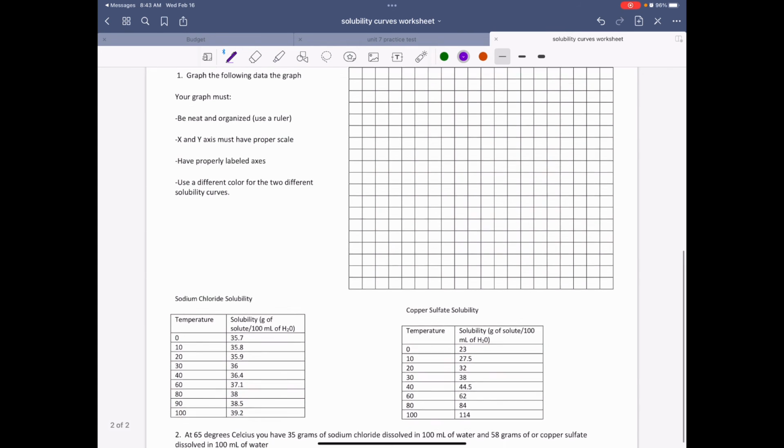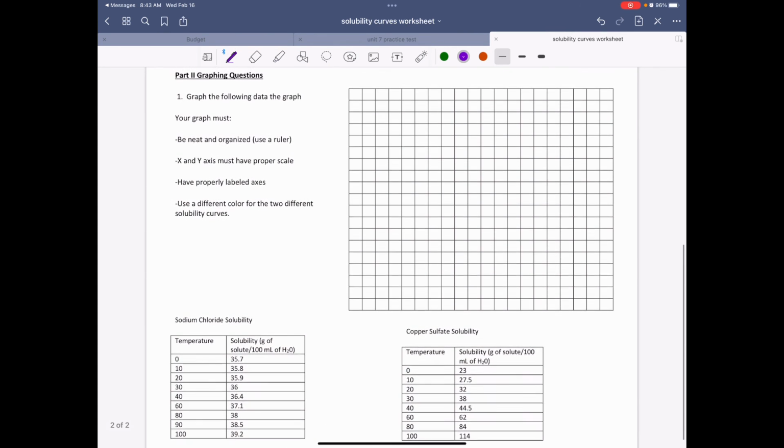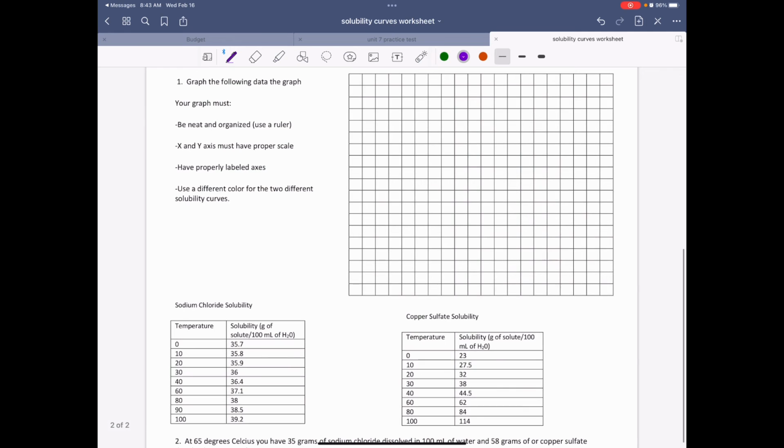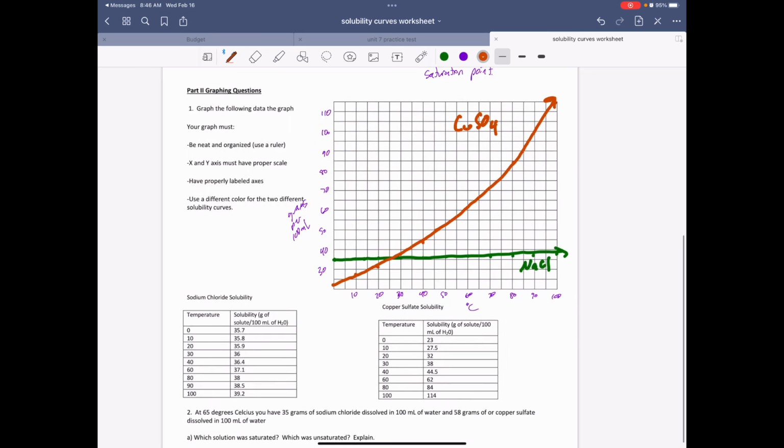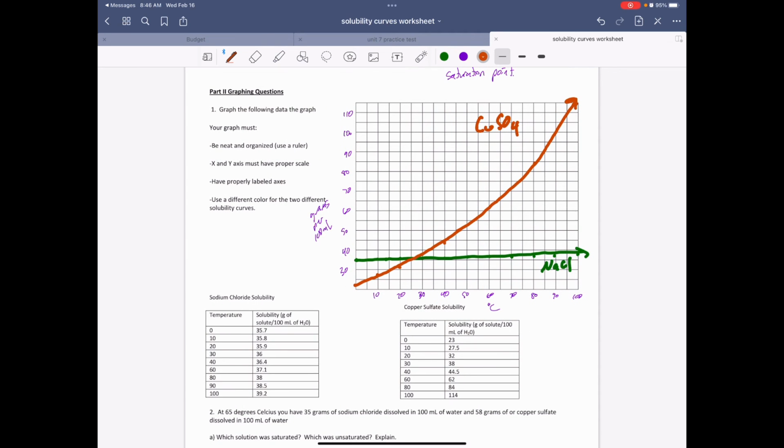Here we're going to have to do some graphing, and I'm going to cut the video here and come back when I have finished plotting these points, because I don't want to just sit there and record myself plotting points. Okay, I have plotted all the points and connected them with a smooth line, using red for copper sulfate and green for sodium chloride.